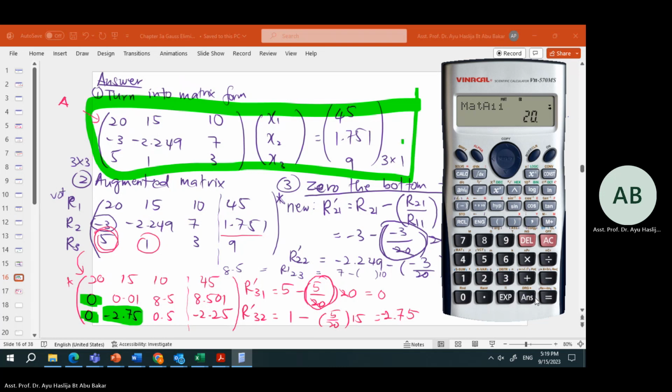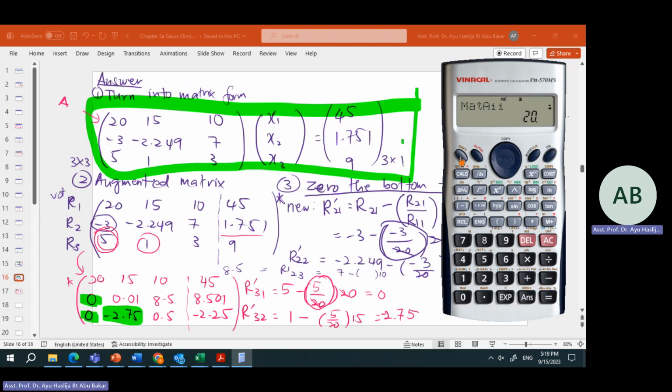Once you enter all the values, it will come back to A11. If you want to check, just check all the values. Now we are settled with matrix A.